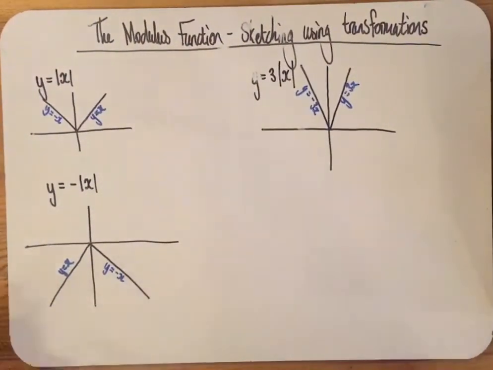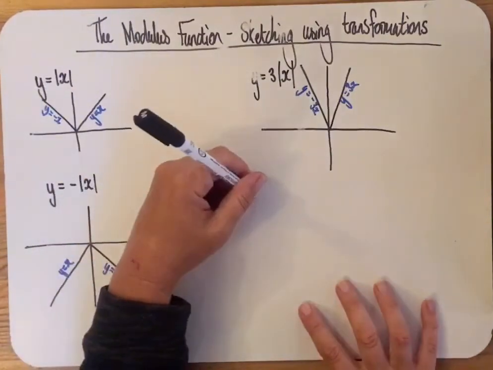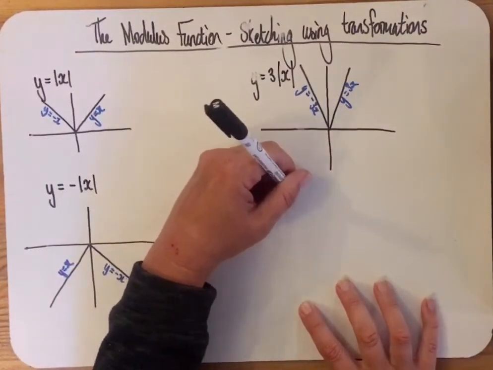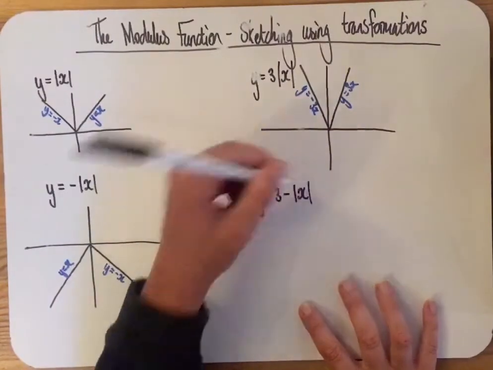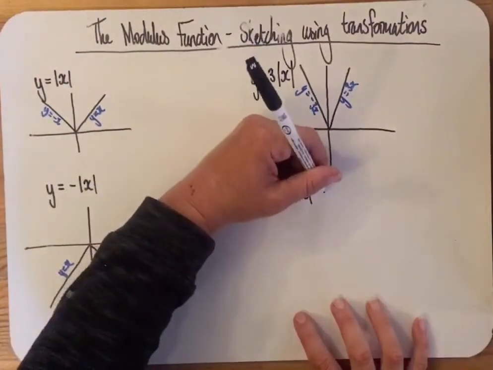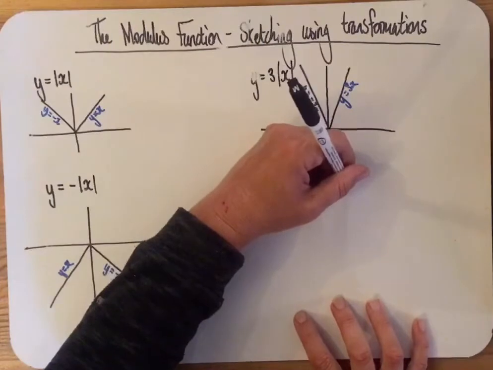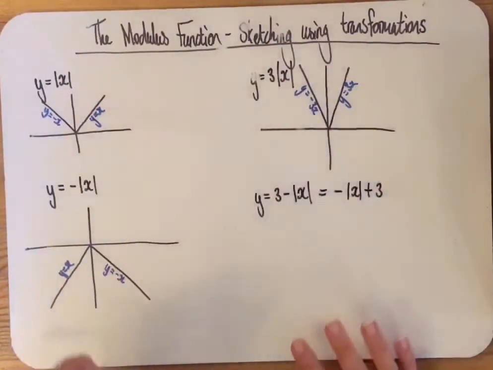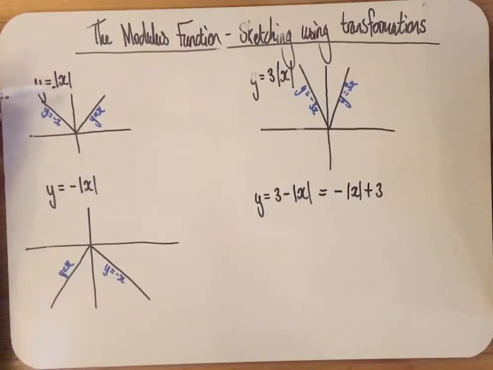Okay, so if instead I have y equals 3 minus modulus of x, that's the same as having minus modulus of x plus 3. So you can reflect y equals modulus of x to get minus modulus of x, and then you can add 3, which moves you up by 3.